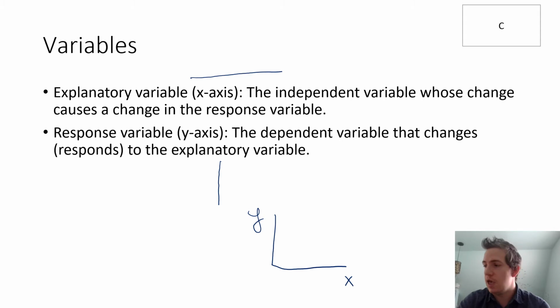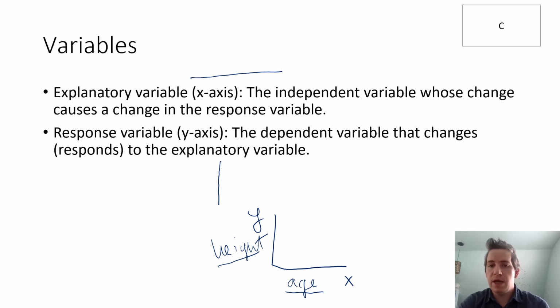So for instance, age and height. As you grow, you get taller, at least what you do generally when you're a small child. And so you would put age on the x-axis and height on the y-axis because you want to have that age explains height. And so this would give you how the variables show up.